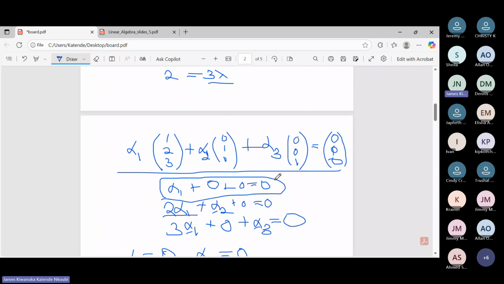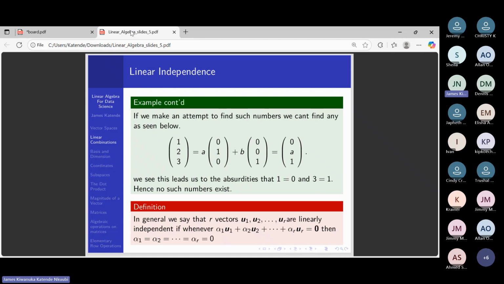That leads us to the conclusion that the vectors 1, 2, 3, 0, 1, 0, and 0, 0, 1 are linearly independent. That makes sense? So that's applying this definition to show that a set of vectors is linearly independent.